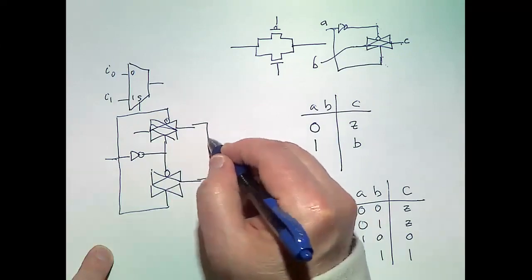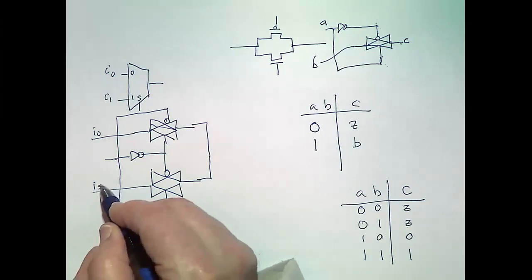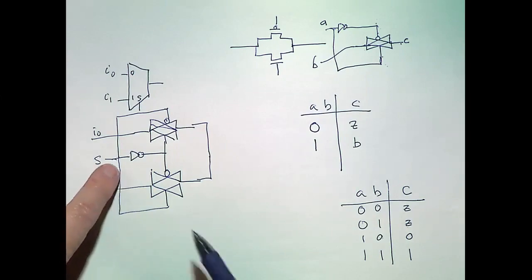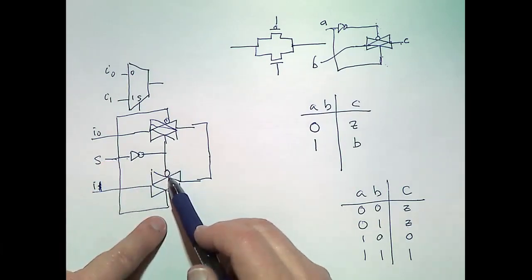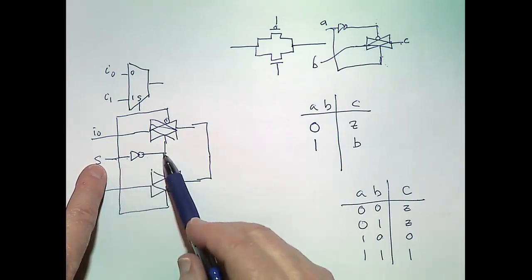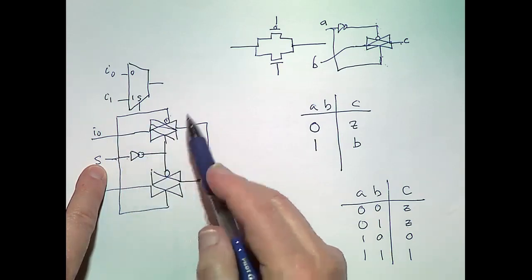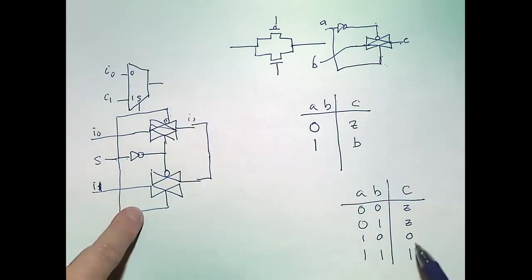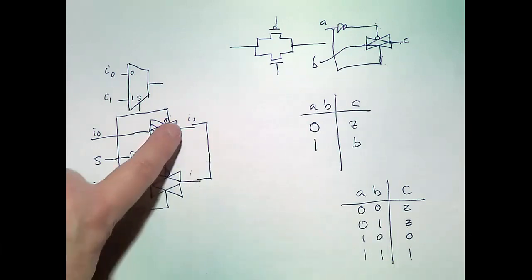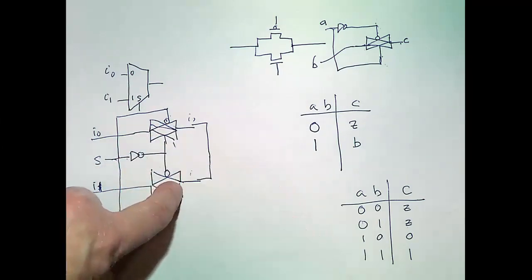And then we wired these two together. This is I0, and this is I1, and this was S. So when S is 0, I think I got it backwards. When S is 0, then we have a 1 here, and we have a 0 here, so this one is sending out I0. And when S is 1, we have the opposite. We have I1. So even though the outputs here are not being driven, their value is provided by the other one.